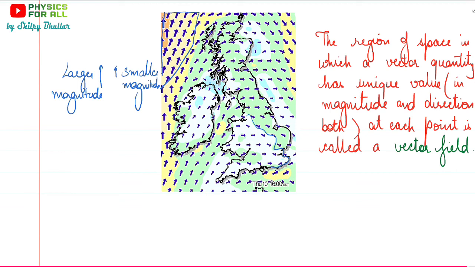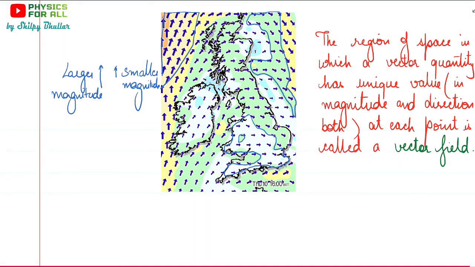So if I have to just show, then this area except this green also represents a particular vector field because here all the vectors are of same magnitude and same direction. So same physical quantity is here. Similarly, if I talk about this green zone, this pattern, then here also the things are same.